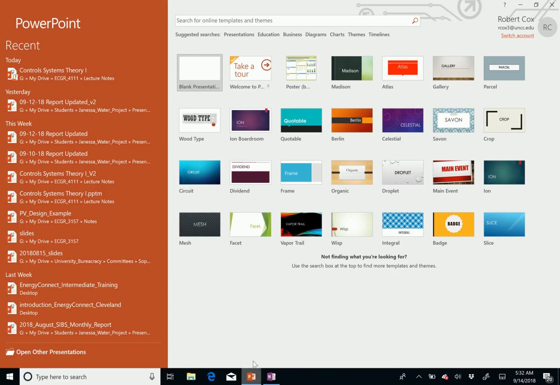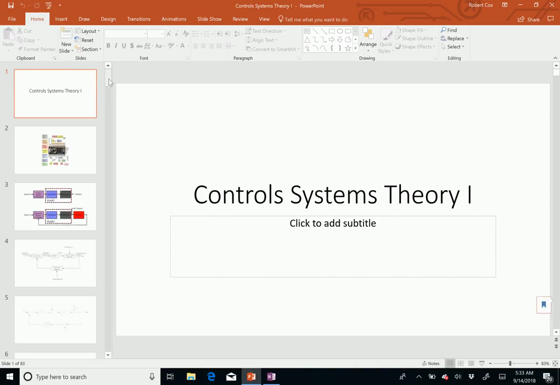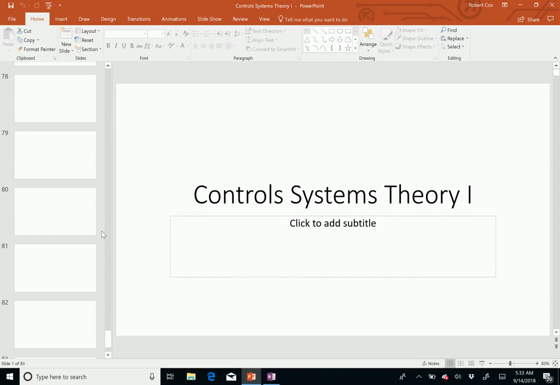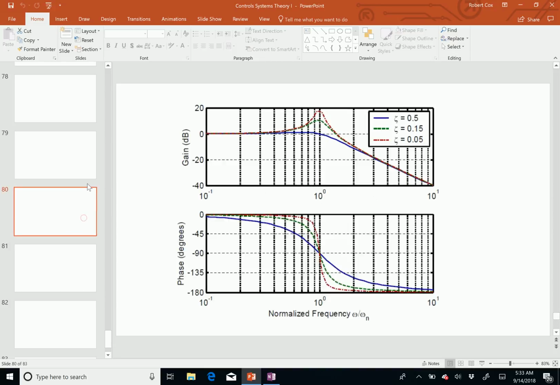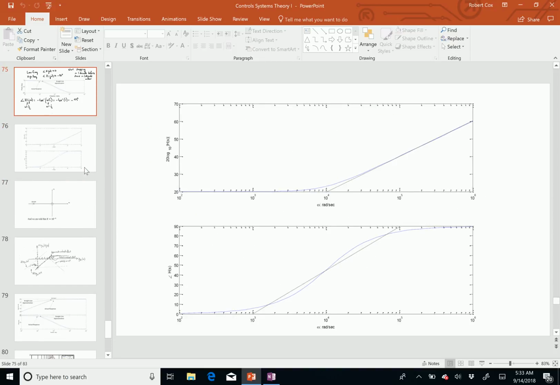Now let's look at what those look like in MATLAB. Here it is. Just like we said, it starts at 20 dB, and then I get to 10 to the 4th, and it starts to rise.